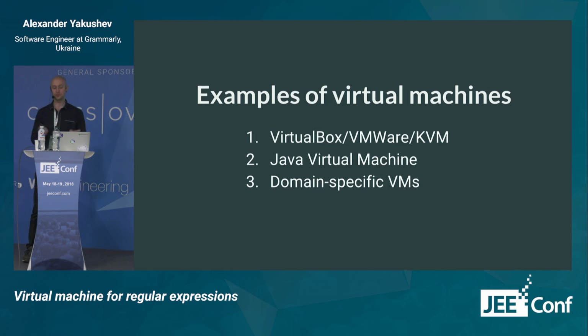And there are multiple types of virtual machines you may be aware of. The first one, very common, like VirtualBox or VMware, where the virtual machine and the host machine are similar. They execute the same code. The virtual machine has the same code that needs to be executed. It's just the level of emulation that is added, but it's still the same native code. And the Java Virtual Machine is different because it has its own bytecode.